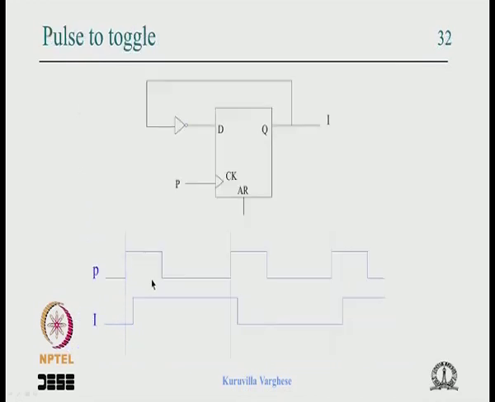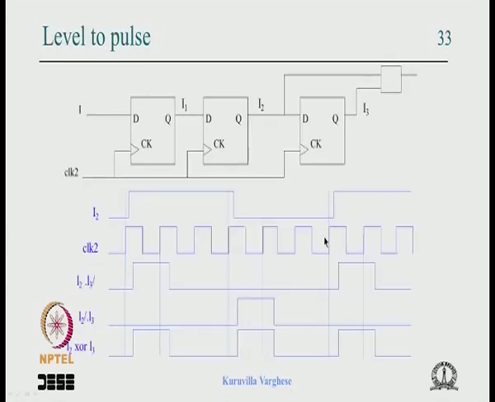Okay. So where we have a pulse, using this particular circuit you convert it into a level signal. And this input goes through a double stage synchronizer to avoid some timing issue in this flip flop, and then in this flip flop we combine the input and output through a very simple logic, then you get the correct pulse.